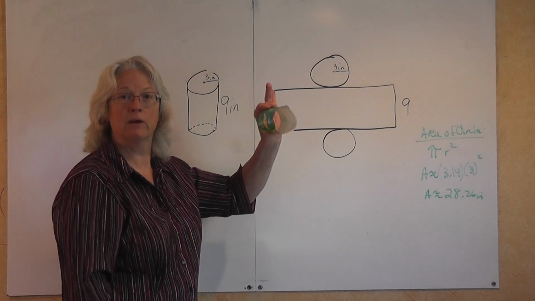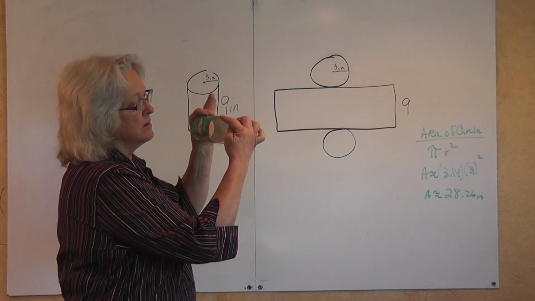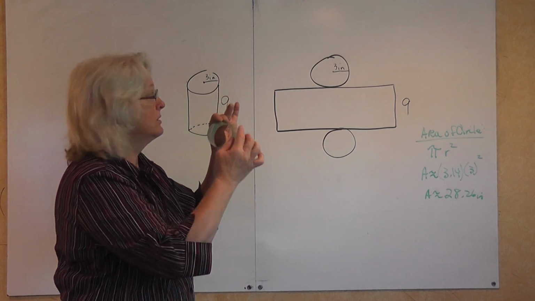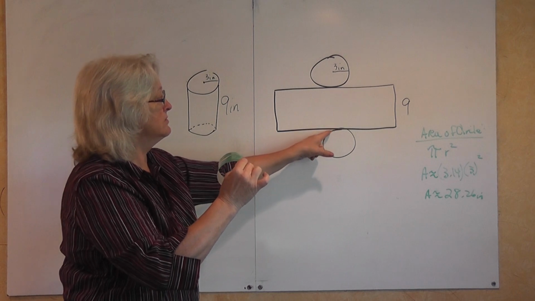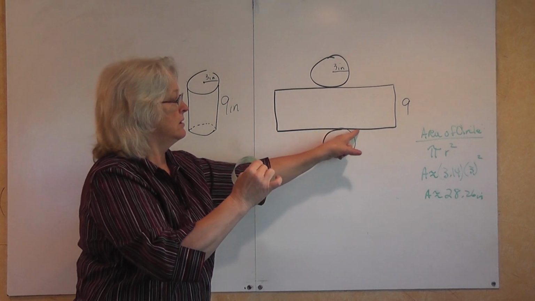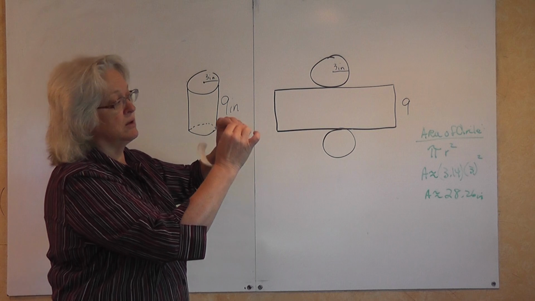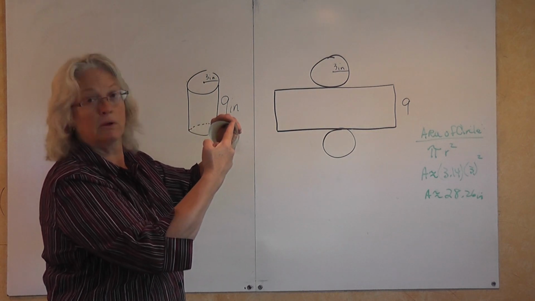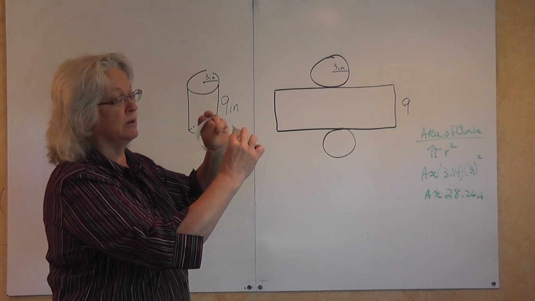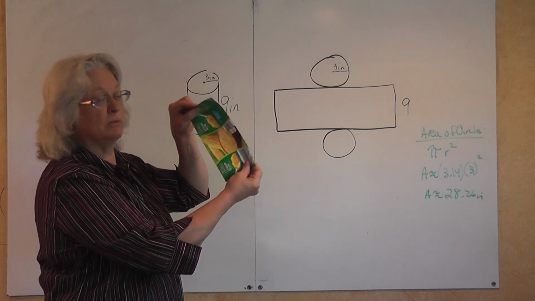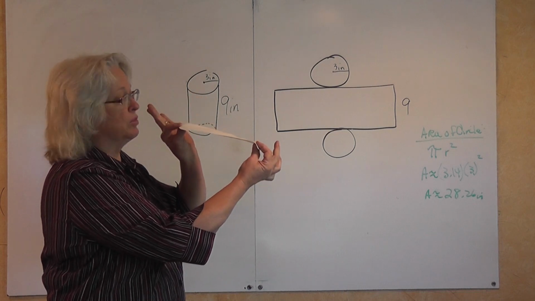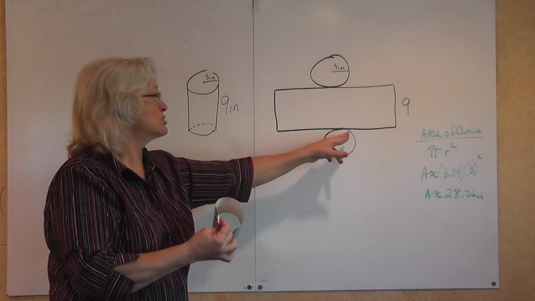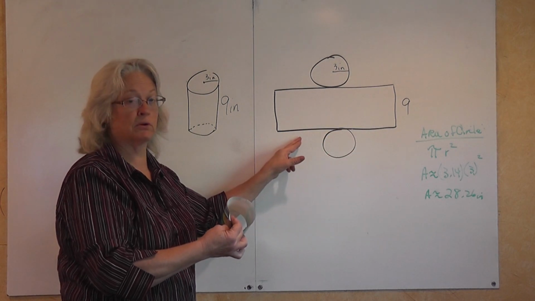Look at our label this way. This right here, what's this called? This is the circumference of the circle, isn't it? But when you cut that ring and you unroll it into a two-dimensional rectangle, the length of it is actually the circumference of the circle.